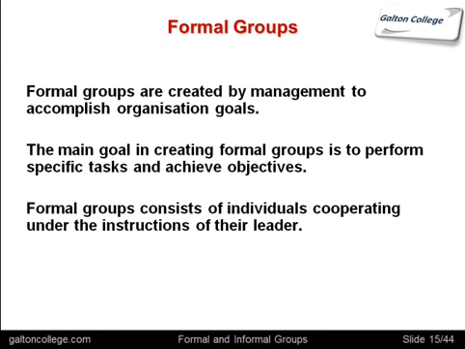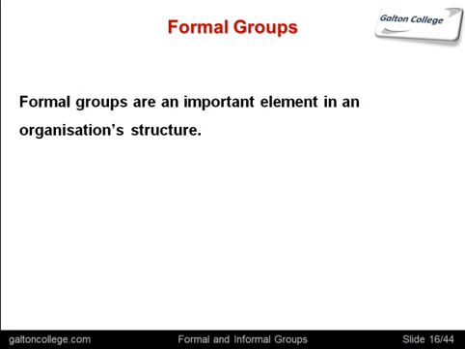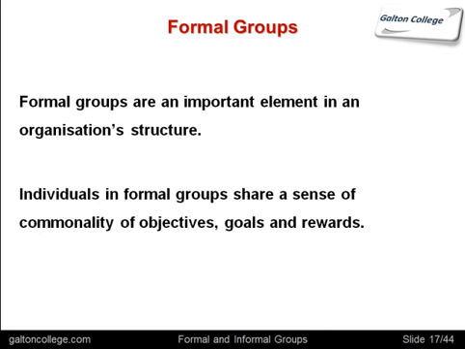They consist of individuals cooperating under the instructions of the leader. Now, formal groups are an important element of any organization's structure. Individuals in a formal group share a sense of commonality of objectives, goals and rewards. The individuals in a formal group are all pointing in the same direction.